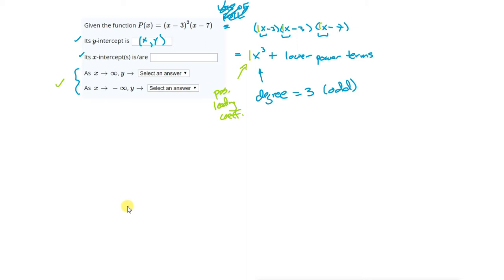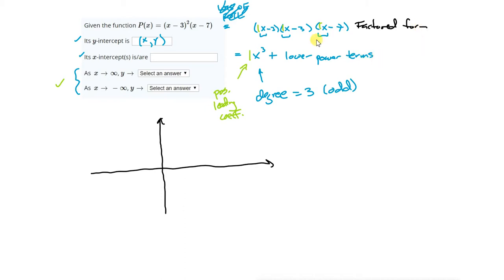Okay? Now, if you want to get a rough sketch of the graph, there's some interesting stuff going on here. This goes a little bit beyond the question, but it's stuff that we could use later. Since they're giving me the factored form for the polynomial, which is really handy. If I would FOIL it out, I would get the FOILed form or expanded form.